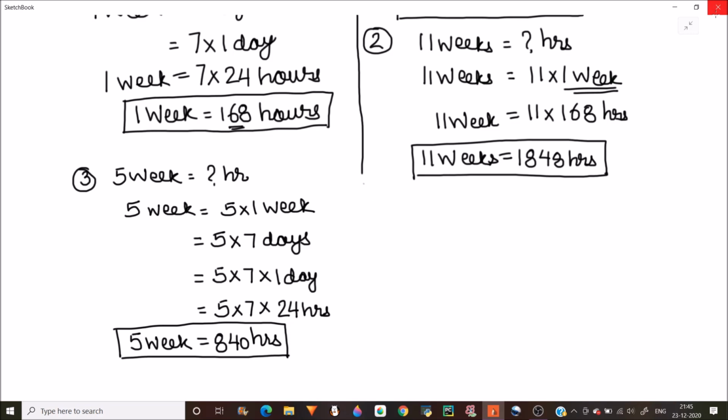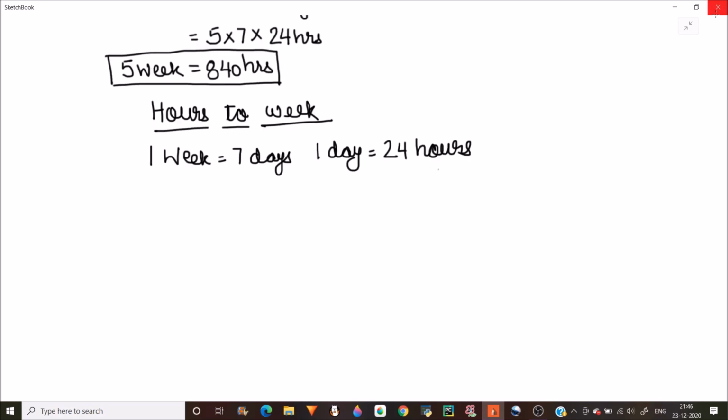So whichever method you feel comfortable with, you can use the conversion factor, or you can find it directly, breaking week into days and days into hours. Now let's find the conversion factor to convert from hours to week. We have already calculated our conversion factor, which is 1 week is 168 hours.